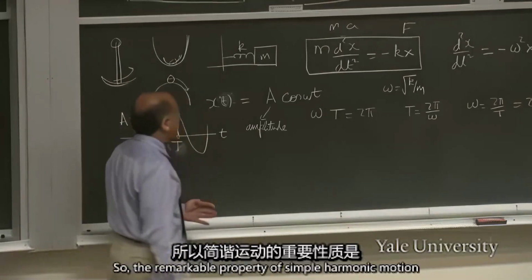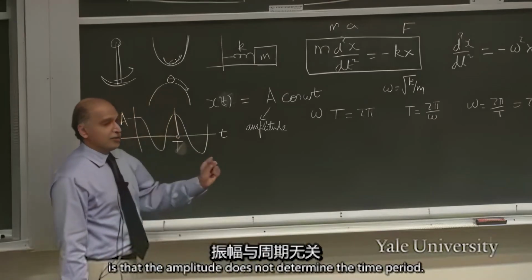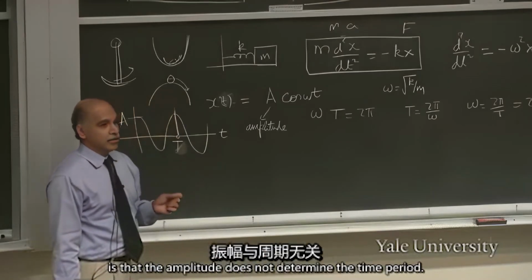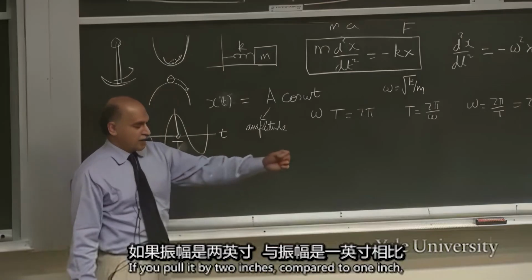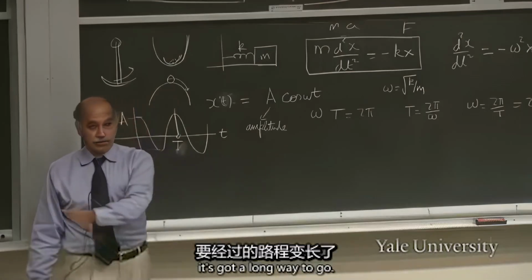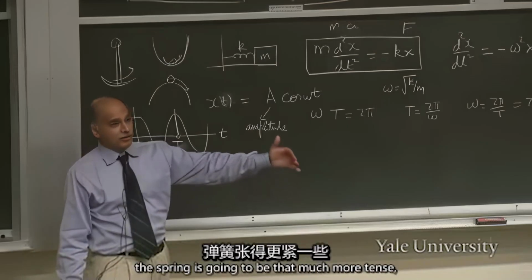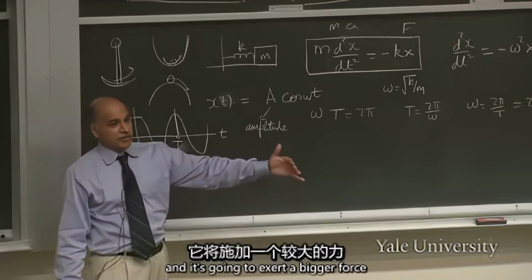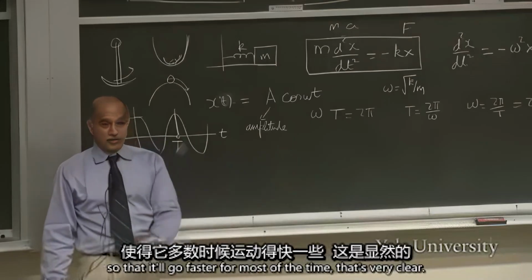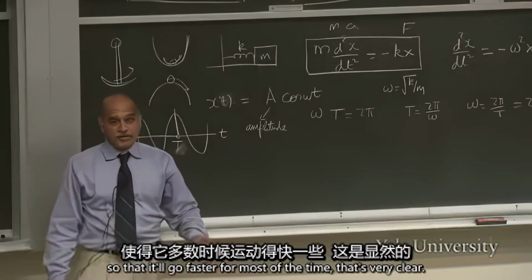So the remarkable property of simple harmonic motion is that the amplitude does not determine the time period. If you pull it by 2 inches compared to 1 inch, it's got a long way to go. But because you pulled it by 2 inches, the spring is going to be that much more tense, and it's going to exert a bigger force so that it will go faster for most of the time. That's very clear.